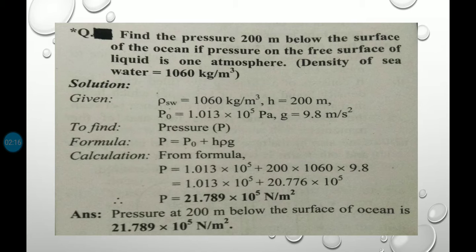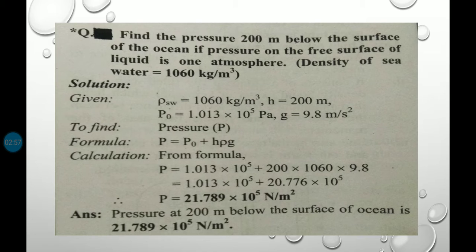Here rho of seawater is 1060 kg per meter cube, h is given as 200 meter, P0 is equal to 1.013 into 10 raised to the power 5 Pascal, and g is 9.8 meter per second square. We already know the formula: P is equal to P0 plus h rho g.